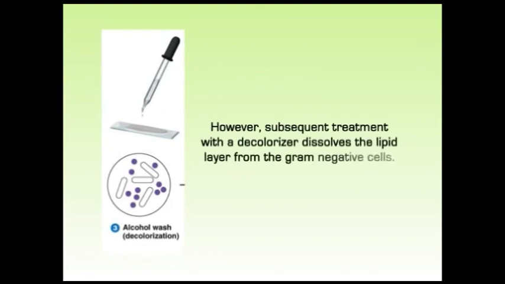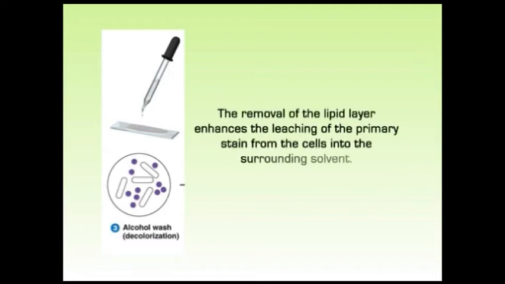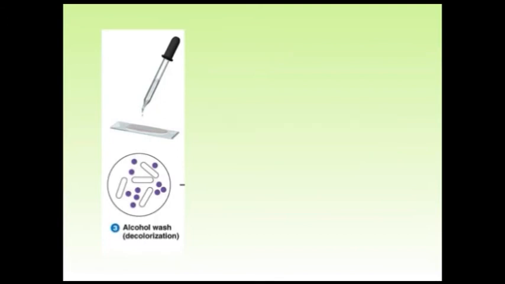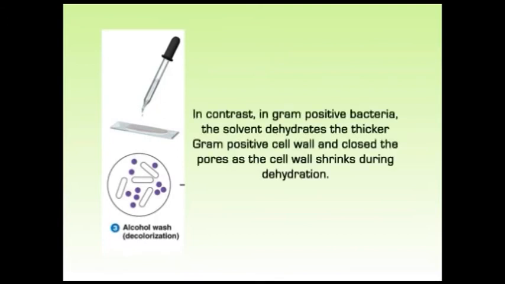However, subsequent treatment with a decolorizer dissolves the lipid layer from the gram-negative cells. This removal of the lipid layer enhances the leaching of the primary stain from the cells into the surrounding solvent. In contrast, in gram-positive bacteria, the solvent dehydrates the thicker cell wall and closes the pores as the cell wall shrinks during dehydration.